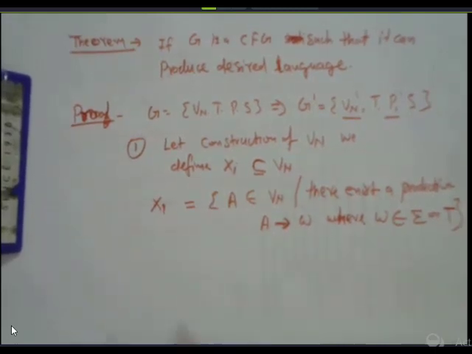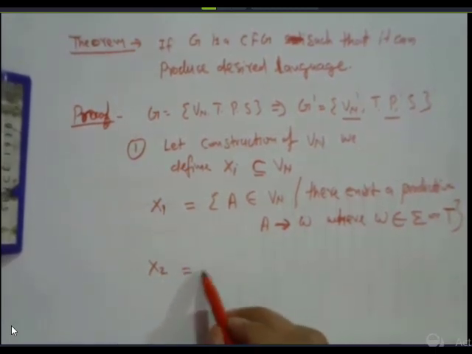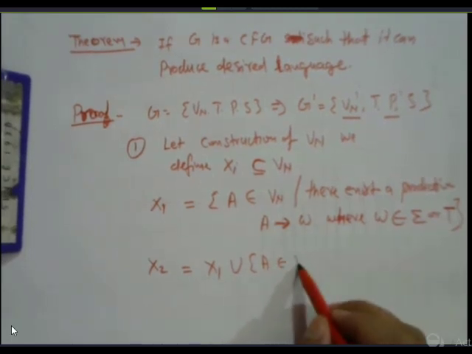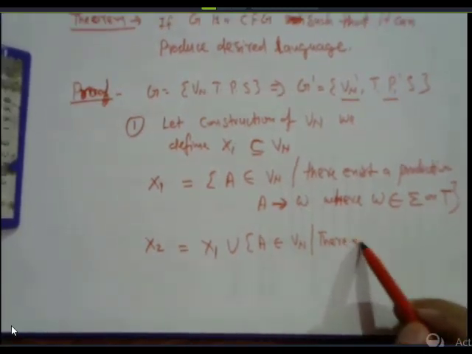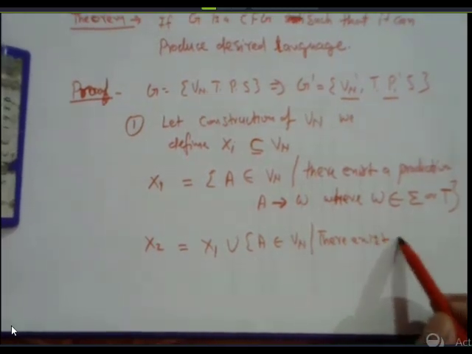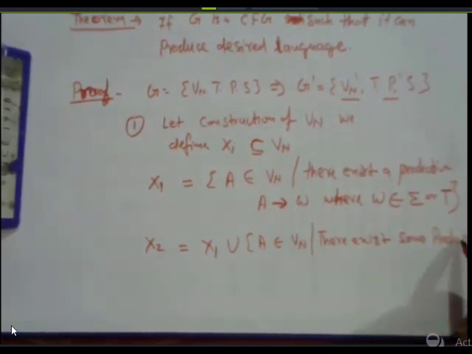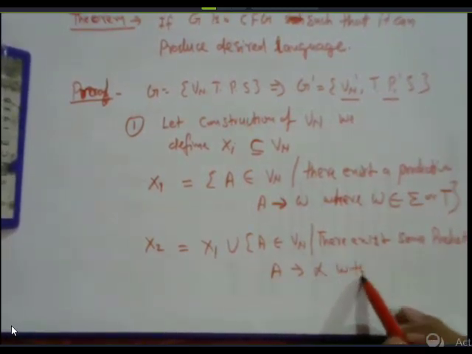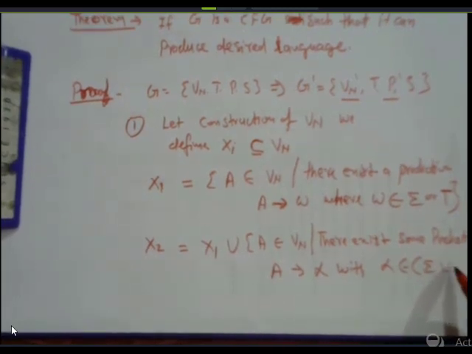Then you can calculate the value of X2 as X1 union A, where A is the element of Vn such that there exists some production A tends to alpha, with alpha is the element of sigma union Xi.